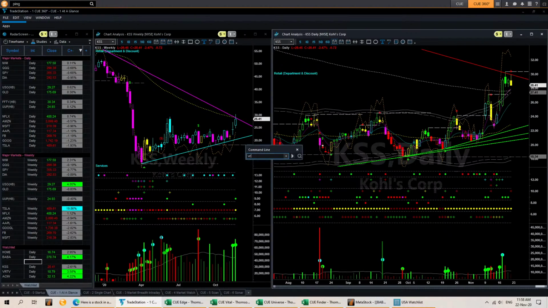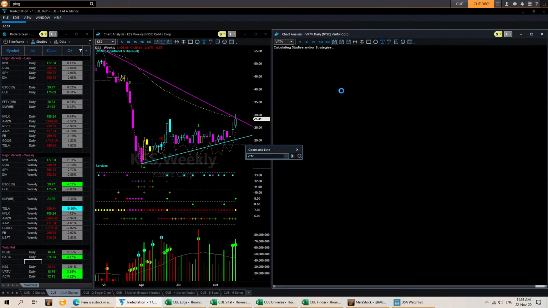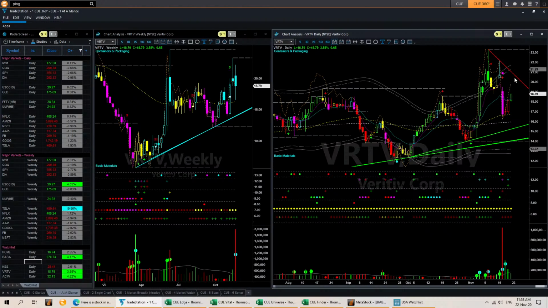And VRTV, I mentioned earlier also, one reason it could have come down is that right during this time it announced a secondary offering. Then it pulled down right to the yellow direction line. The weekly backdrop color was and still remaining bullish.